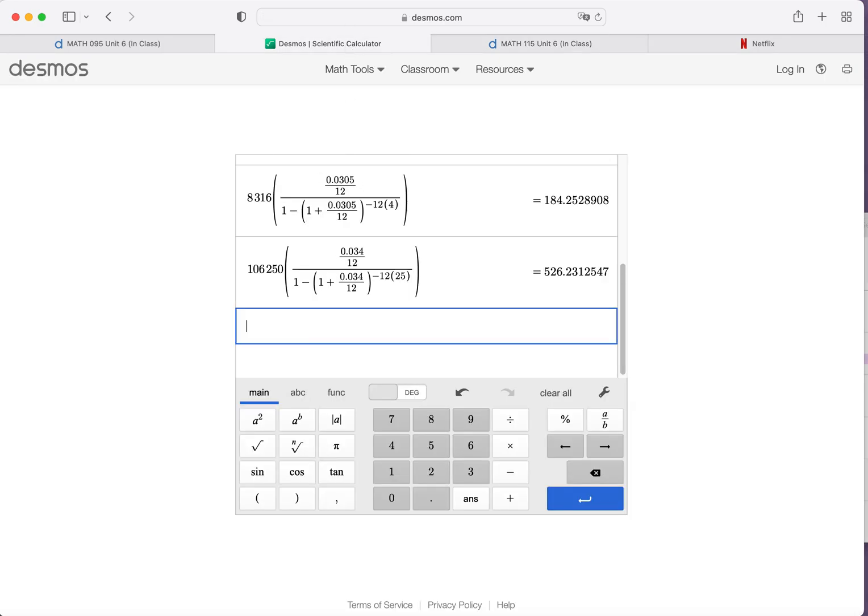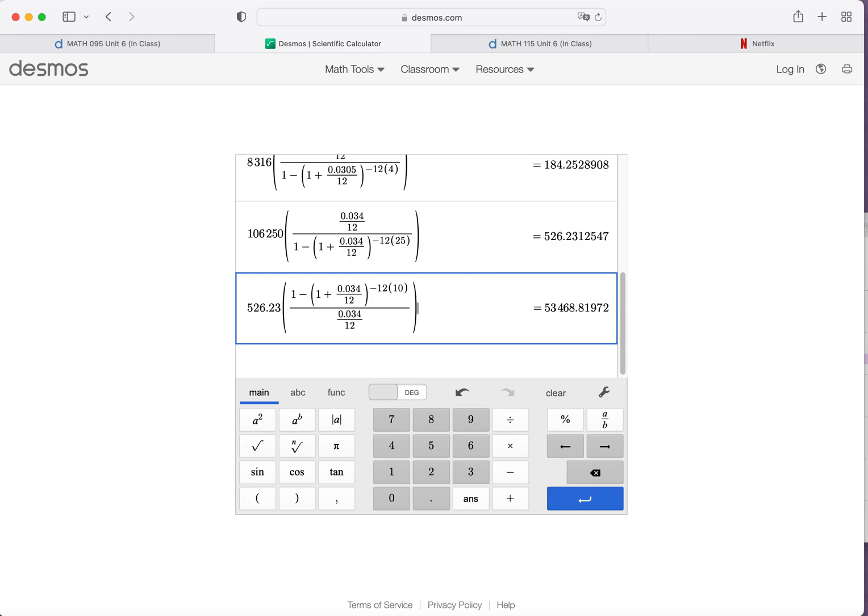So that was an old calculation. Here's the new one. I'm just taking a quick look and making sure it grabbed everything, and I think that it did. And so this is telling us that the payoff amount, with 10 years left to go on the loan, is $53,468.82 when we do the rounding.